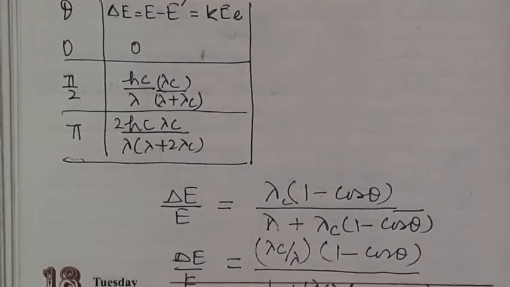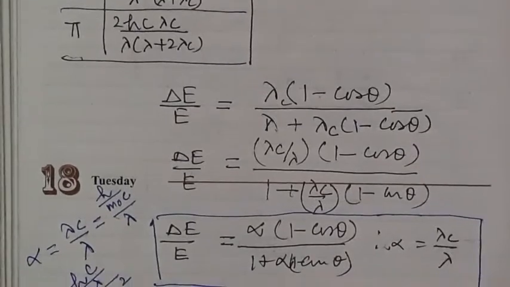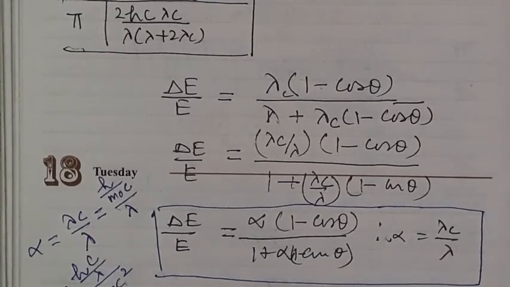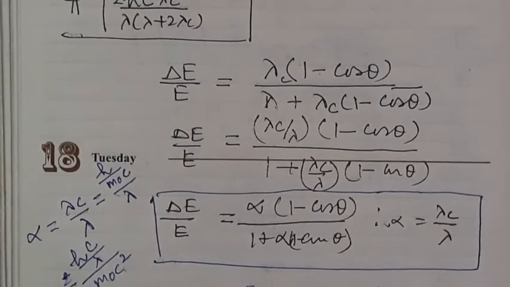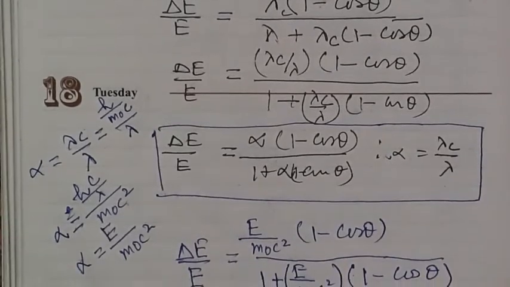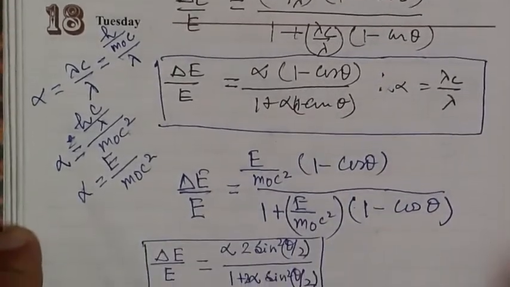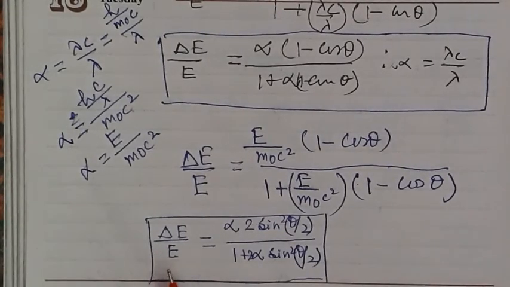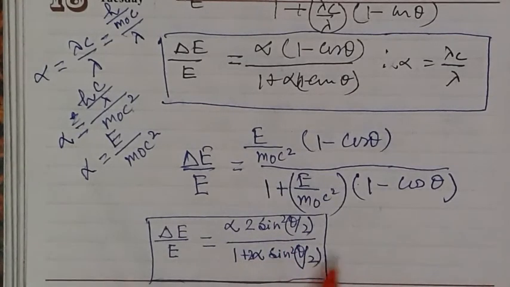After making the substitution, let alpha equal lambda c by lambda, we get an expression which can be further resolved using 1 minus cos theta equal to 2 sin square theta by 2. It gives the final expression, the fractional loss in the process of Compton scattering: delta E over E equals 2 alpha sin square theta by 2 over 1 plus 2 alpha sin square theta by 2.